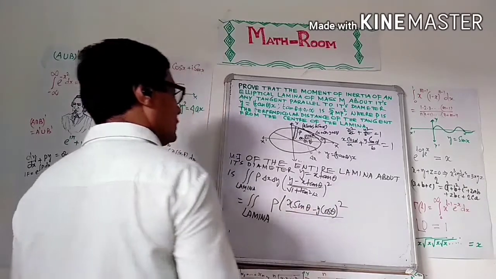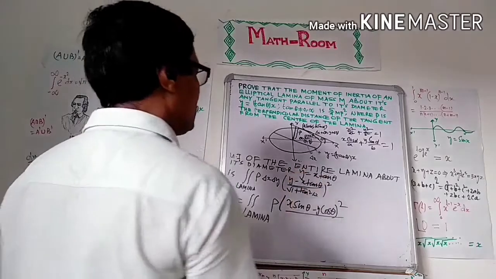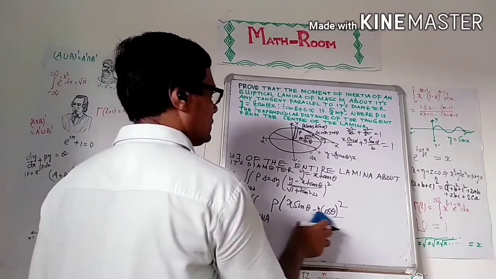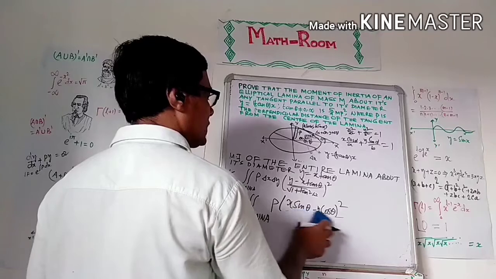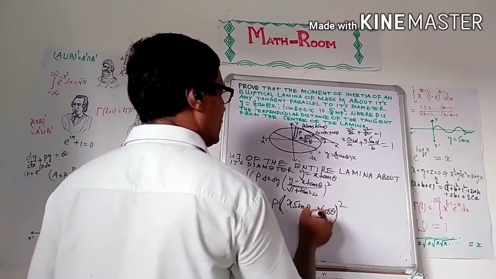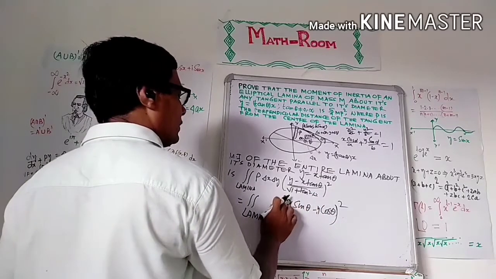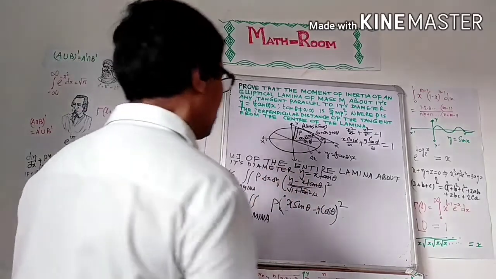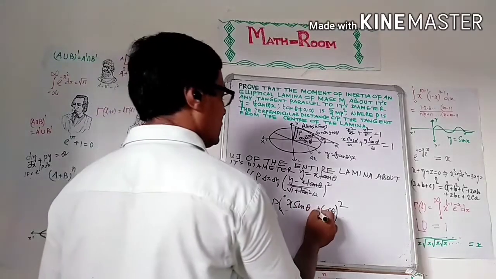This is the simplified form of this term: x sin theta minus y cos theta square.